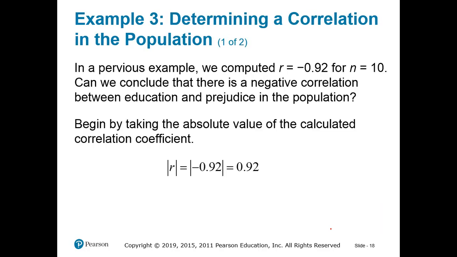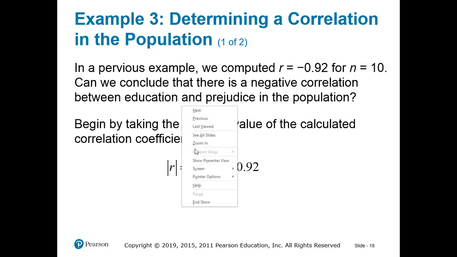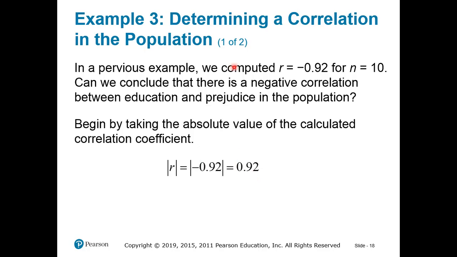Okay, now, in a previous example, we computed that the R value was 0.92 with n equal to 10. Now, we don't know if that's significant. Okay, it looks strong, right? It's definitely a high negative correlation.